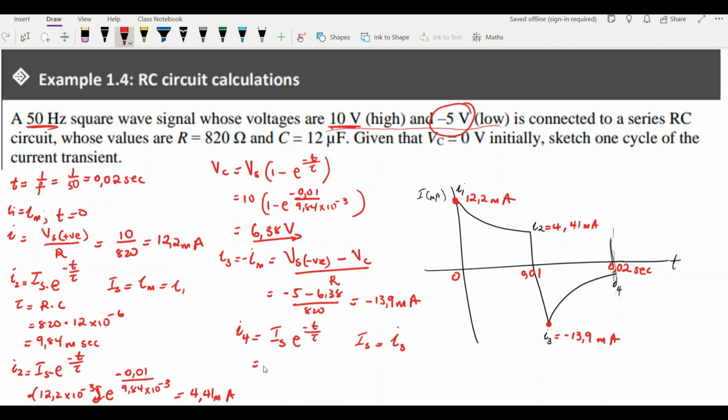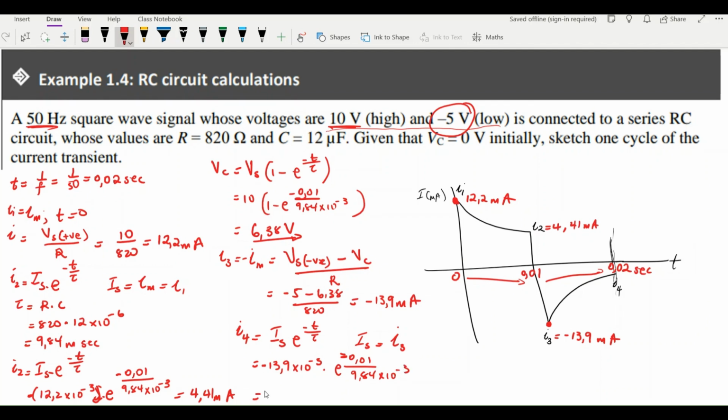We insert negative 13.9 exponent negative 3, times e to the power negative 0.01 divided by 9.84 exponent negative 3.